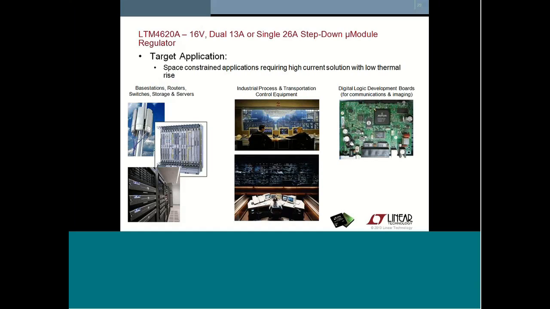You can see a couple of examples down here. This means you can install it in base stations, switches, storage and server farms, which consume a lot of energy, and also industrial processes or control equipment.